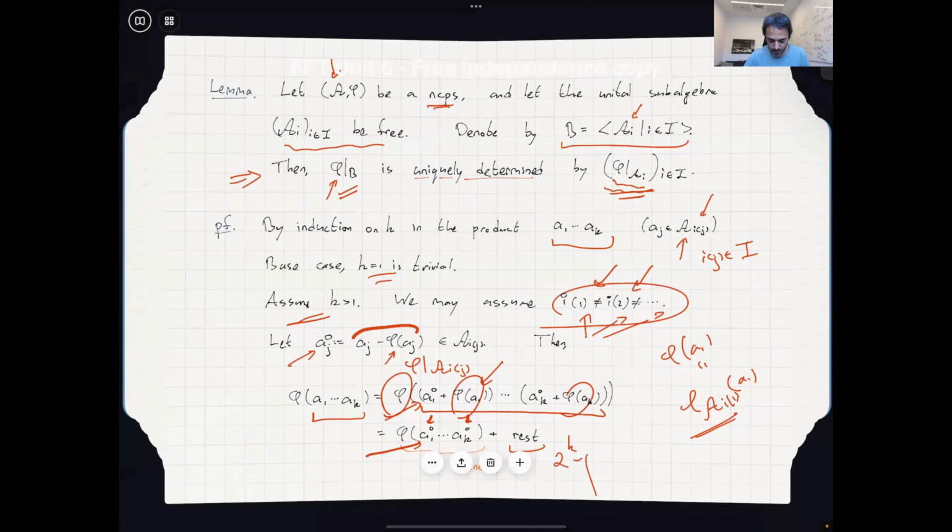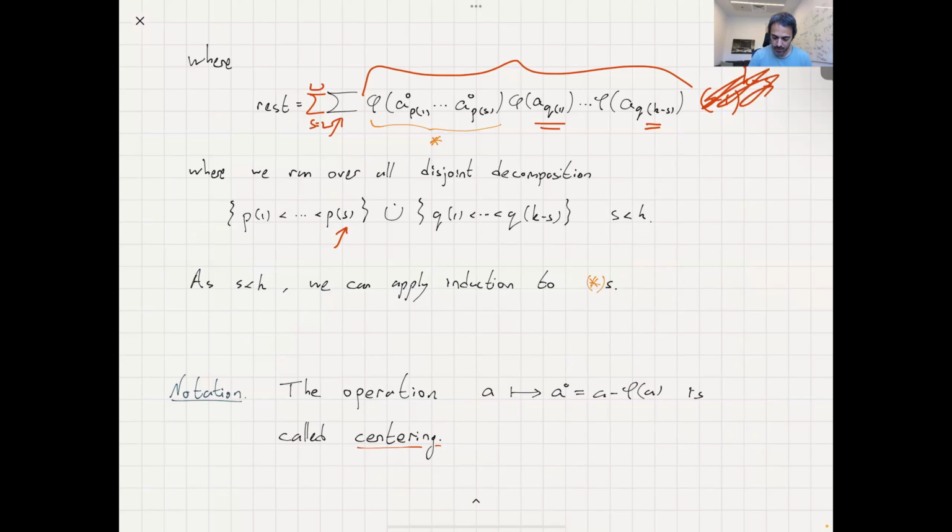And therefore you can write it very compactly as the product of the phis corresponding to the Q's times phi of, and now you should be careful about the order, the centered elements indexed by the PIs.